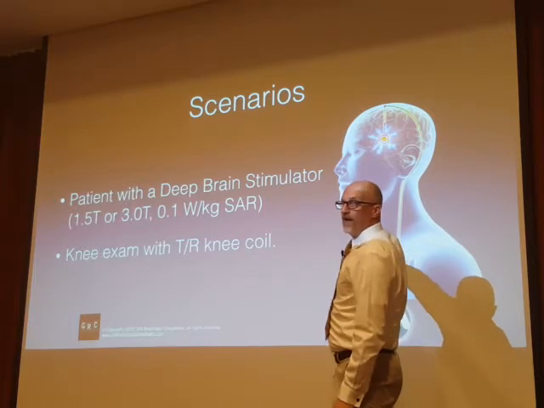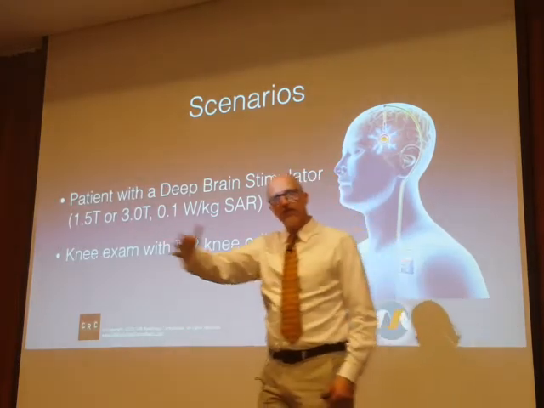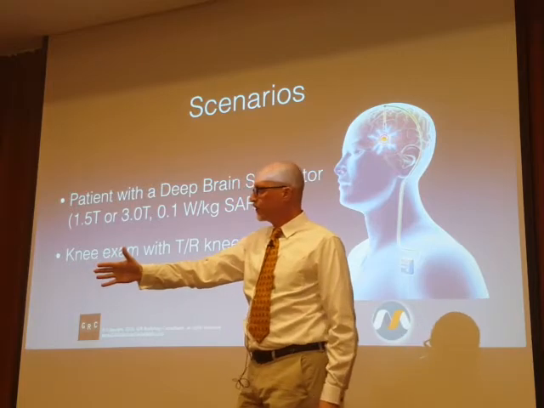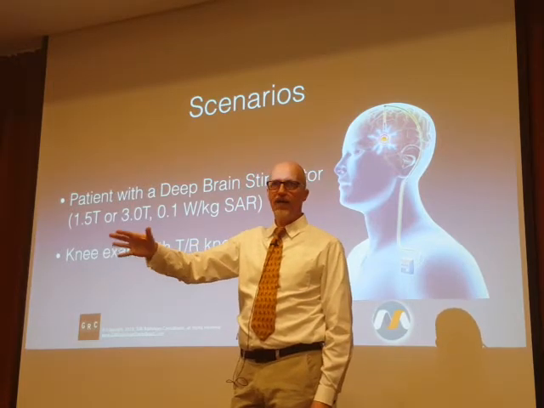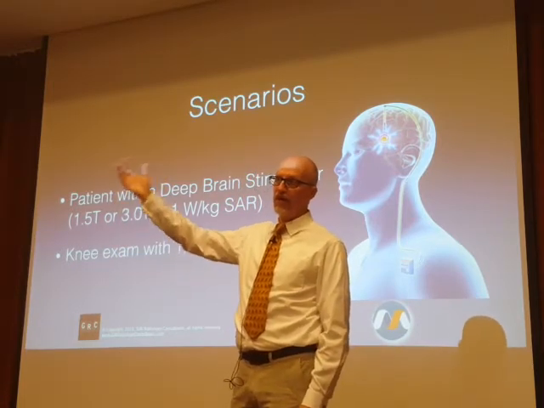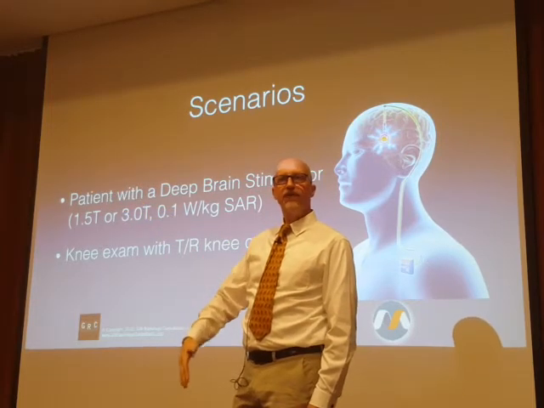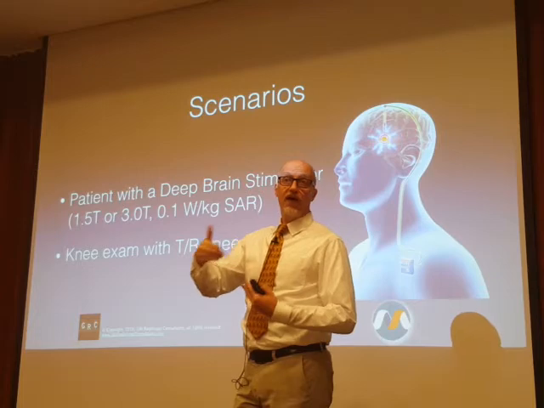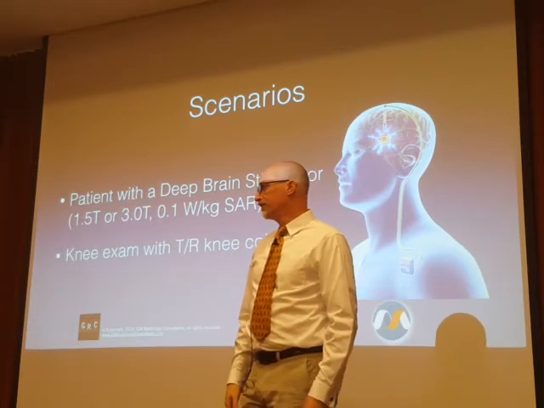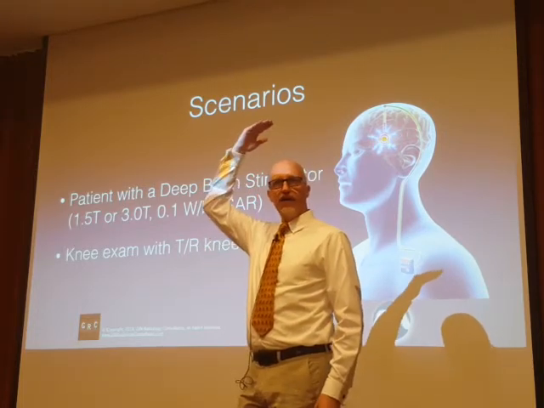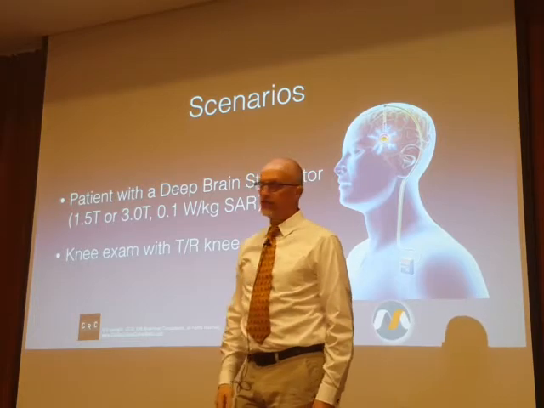But if we put them in head first, we know that the implant is going to pass through that higher spatial gradient, the area where there's a potential for a higher static field exposure. If we put them in feet first, depending on the height of the patient, that may be outside the mouth of the bore and outside the higher spatial gradient.